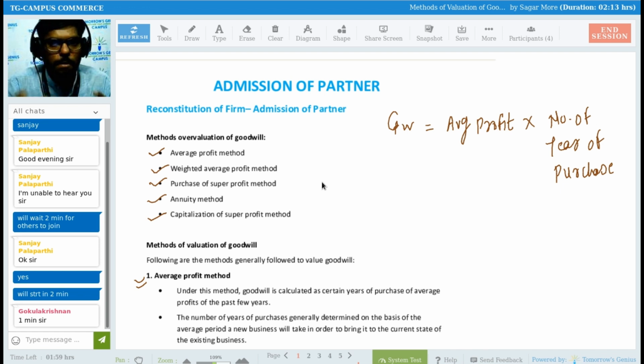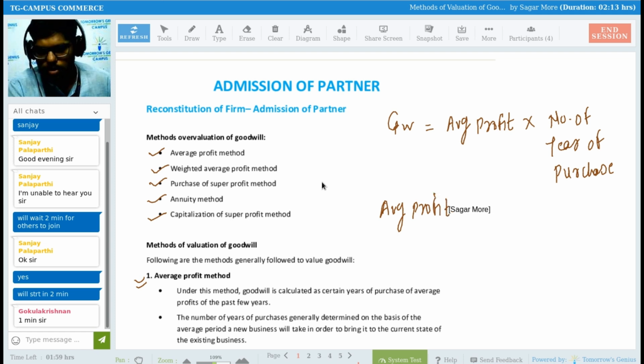So by average profit, if I multiply by the number of years of purchase, I will be getting the strength and efficiency of the business, the name and reputation of the business, and that is goodwill, right? So for the average profit method, first of all I need to calculate the average profit. So how to calculate the average profit? Yes, how can I calculate the average profit?